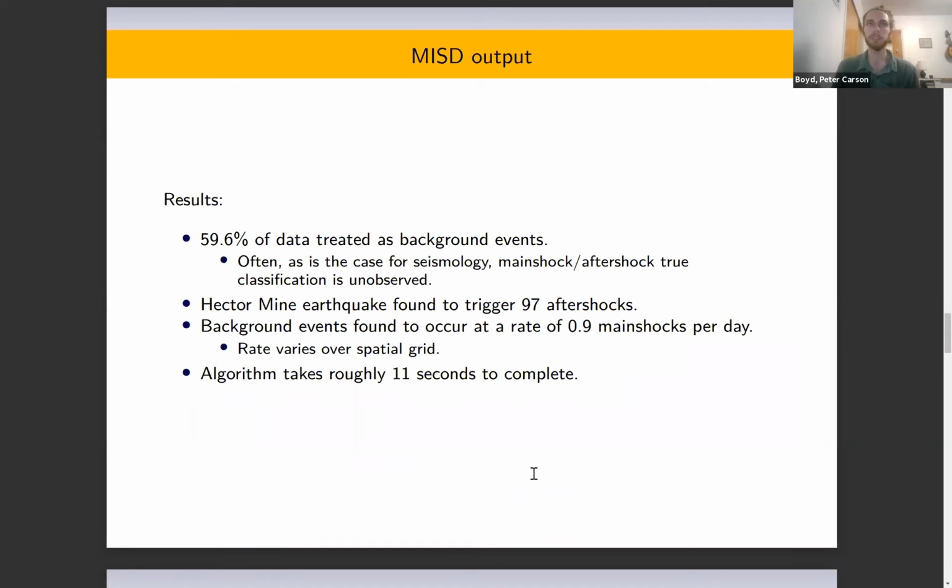Okay, so what did we find? Well, roughly 60% of the data were treated as background events. And this is an important thing to assess, as is typically the case with these self-exciting point process models. We don't know whether or not something was truly a background or a triggered event, or here a main shock or an aftershock.